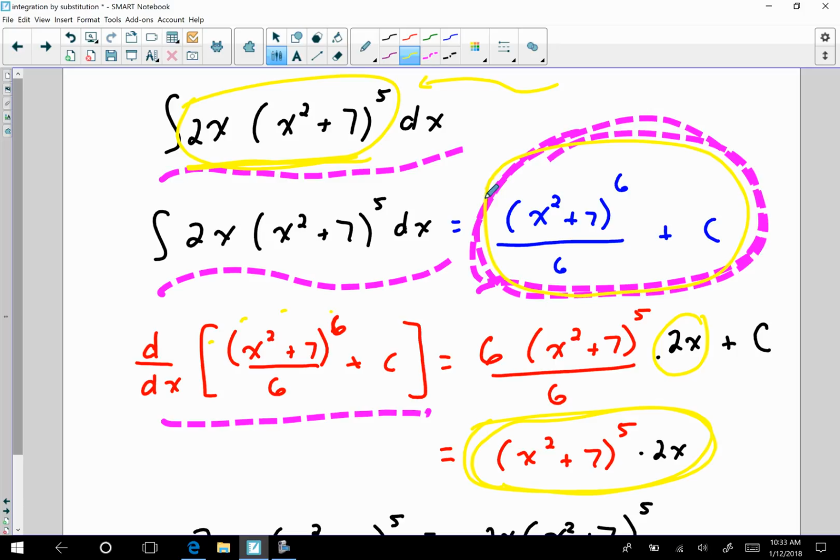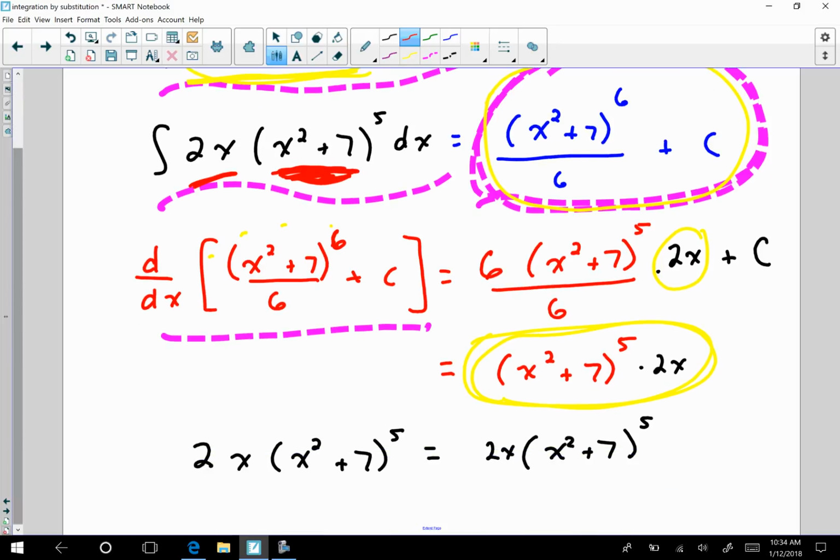And again, I will tell you, ladies and gentlemen, that this is a hard guess to get to. But what I would like for you to do is observe something. Observe for a moment, if you will, what is the derivative of the inside of that guy? The derivative of x squared plus 7 is this 2x. Interesting.